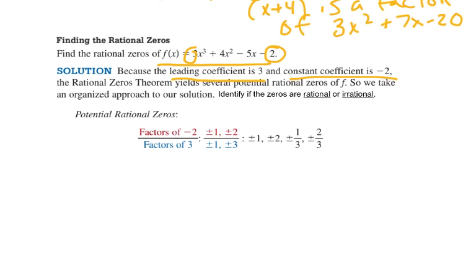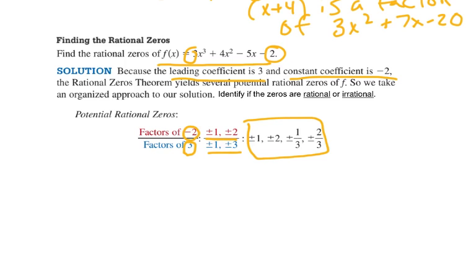The rational roots theorem says that if you take that negative 2 and find all of its factors and list them out, and then that 3 and find all of its factors and list them out, then these get to be your options. So hopefully you remember this from last year.